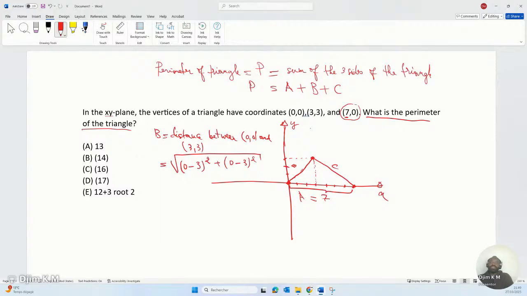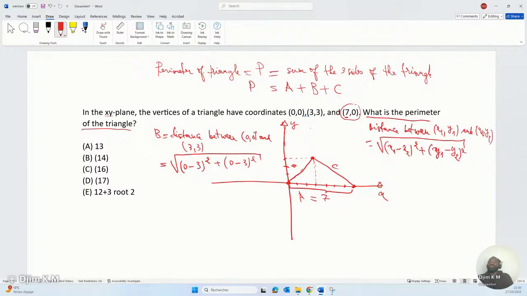Because there's a rule that says the distance between two points is equal to the square root of (x1 minus x2) squared plus (y1 minus y2) squared.